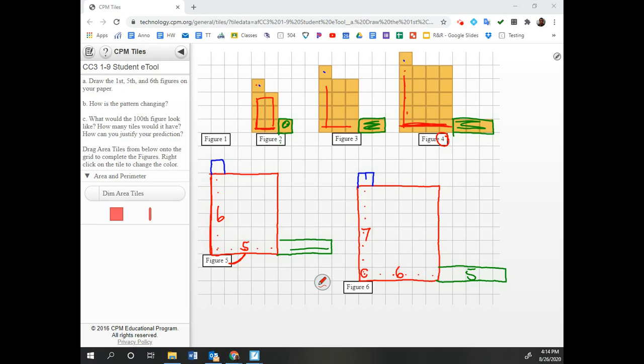All right, well, let's start with the rectangle. Figure 2, again, this bottom part of the rectangle seems to be the same as the figure number, so I must have a figure 1. And the height is 1 more than the figure number. So figure number 1, that means it must go up 2, doesn't it? Okay?